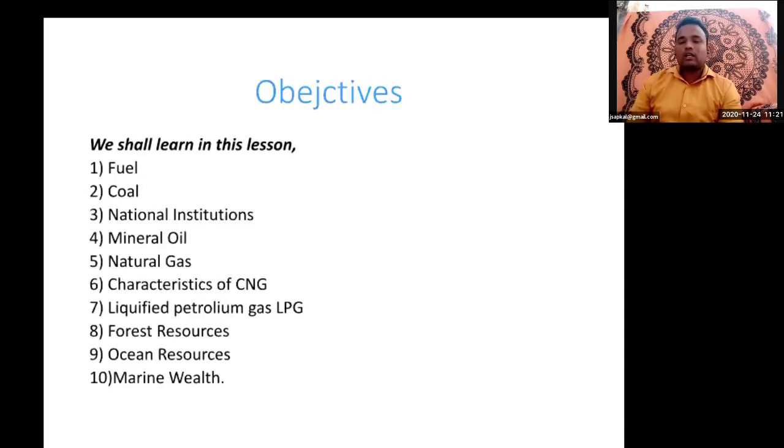Now we'll talk about the objectives. What are we going to learn today? Fuel, the definition we have learned, coal, the natural institutions working for minerals and fuel, that is mineral oil, natural gas, the characteristics of CNG, that is compressed natural gas, then liquefied petroleum gas, that we call LPG gas, then forest resources, ocean resources, and the last one is marine wealth.